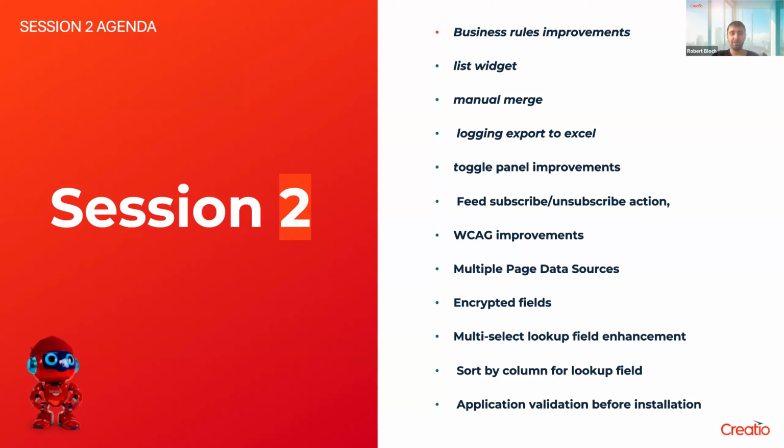We will see how it works. And at the end, I will show you a little bit about the application validation before installing. We introduced some new, extremely useful features, thanks to which we'll be able to avoid some issues. So stay tuned and you will see how it works.